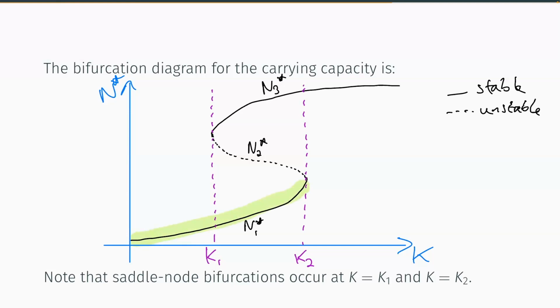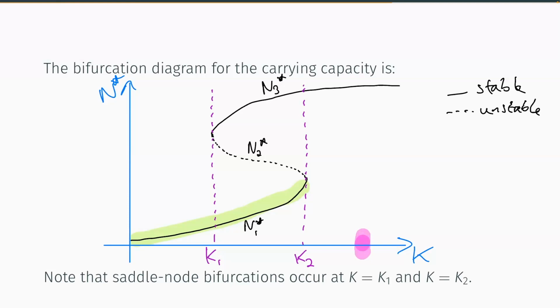But suppose every so often there's a boom year where there's a lot of additional resources for these spruce budworms. So you shift from being somewhere along this branch to now maybe your K values over here. It's a little bit higher. So you've increased the carrying capacity because there are more resources for the budworms.